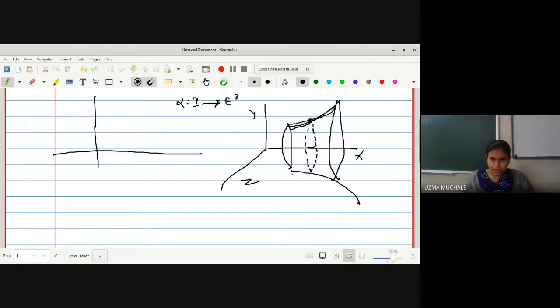Suppose this is a point P and after revolution it will come to some position, and this is the radius. We named the coordinates Q1, Q2 for the point P, and after rotating it comes to some position Q, with new point coordinates P1, P2 and P3. So this is Q2, the x-axis is fixed, that is Q1 is fixed. And Q2 means what? This is your radius.